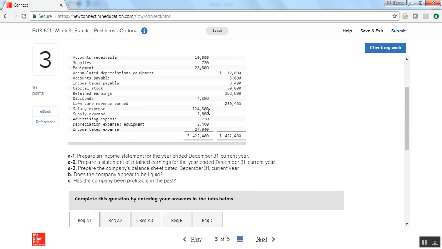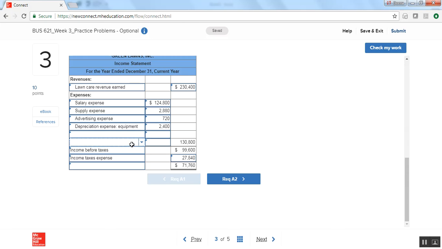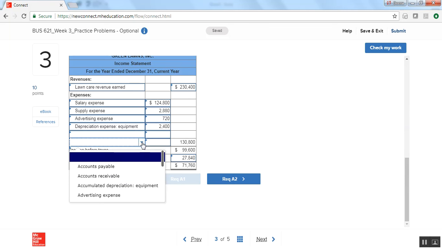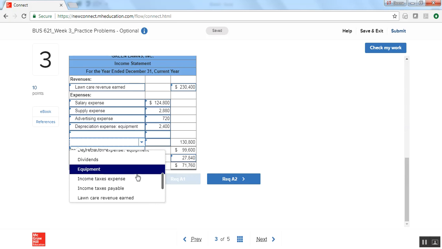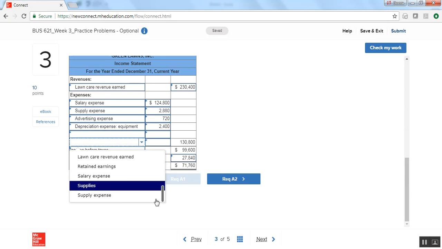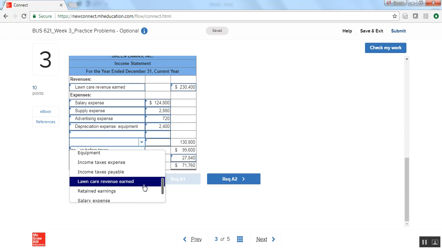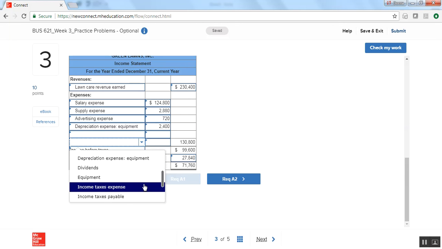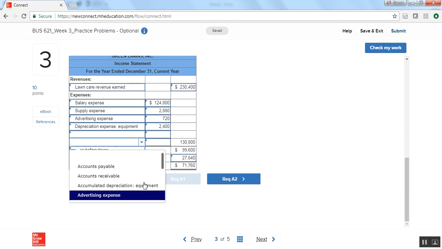So let's make sure we got everything: salary, supply, advertising, depreciation, income tax. So you have your total expenses, and your income before taxes. Is there a description for this?